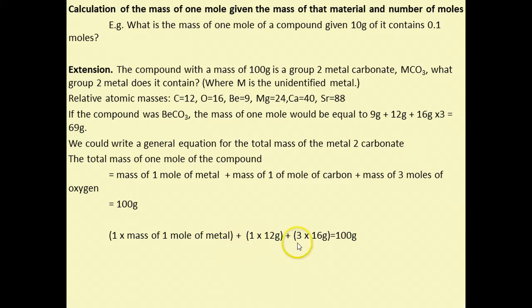So if we fill in the details we know, the mass of the carbon and the mass of the oxygen, we have the following equation, which is giving us a clue that the mass of 1 mole of metal plus 60 grams gives us 100 grams, so the mass of 1 mole of metal must be 40 grams. Looking here, which element from group 2 has a mass of 40 grams per mole, and we can see it must be calcium.